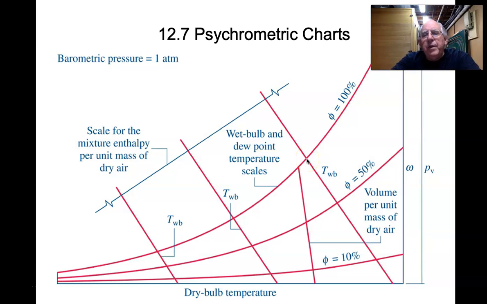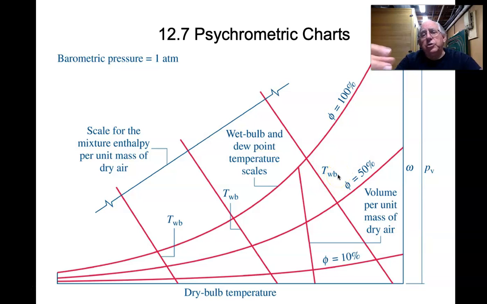At that point, we then come down and recognize that that would be the wet bulb temperature. So we can draw these lines of constant wet bulb temperature. If I was at this point right here, my dry bulb would be this, and my wet bulb is this value, which would also be the value directly below. And so that's our wet bulb temperature.